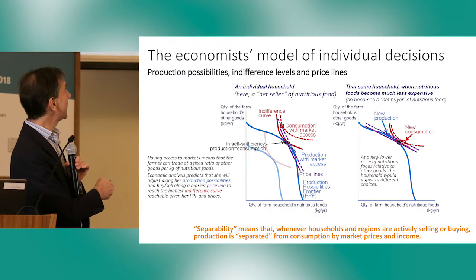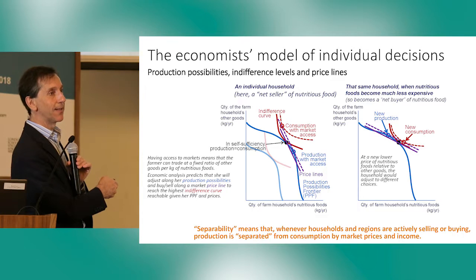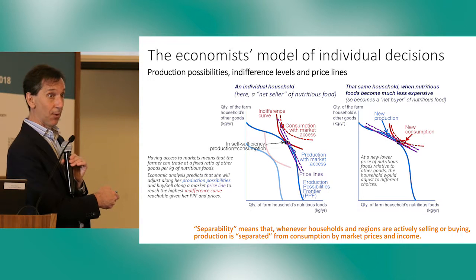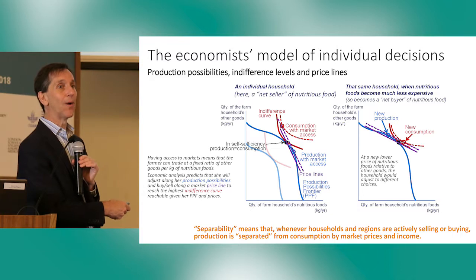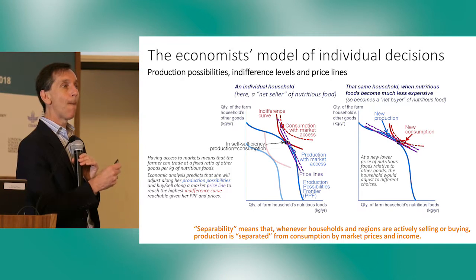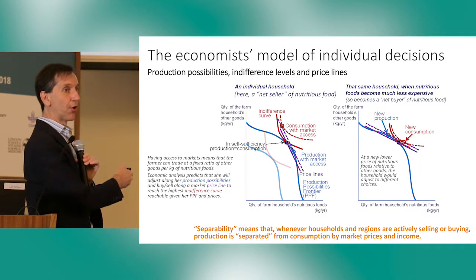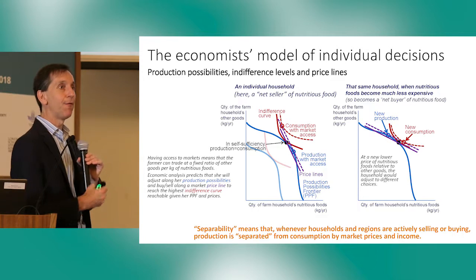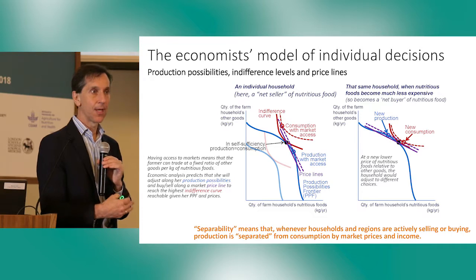That slope is steeper or flatter than the slope of the blue line at the black dot. The slope of the purple line, is it steeper or flatter? Steeper, meaning that other people are willing to give you more other goods per unit of nutritious foods than you yourself have in your own trade-offs.